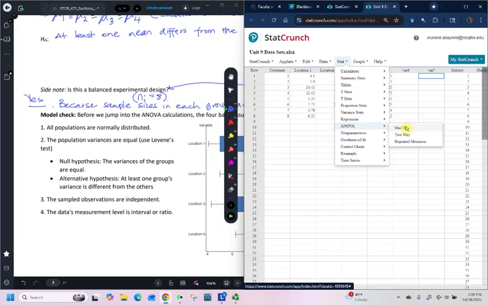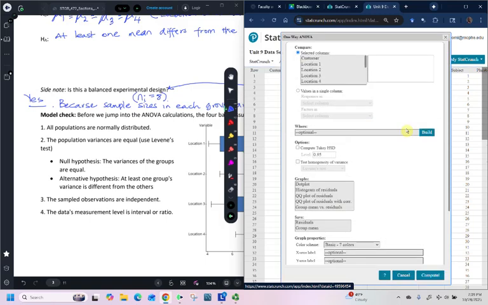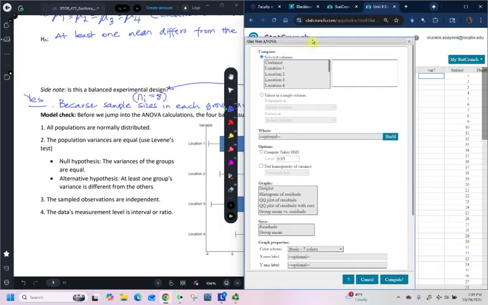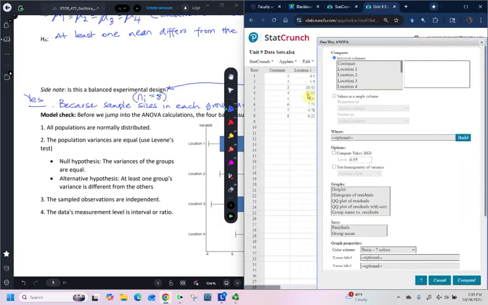If we're considering more than one factor and how it bears on the dollar values of orders made by customers, then we will need two ways. That is coming right up. So let's go to one way, and all you need to do is grab where you have the data sets. You'll notice that the data values are under location 1, 2, 3, 4.